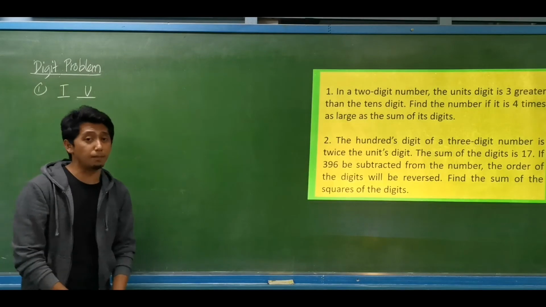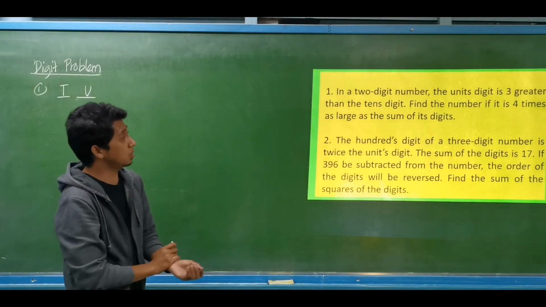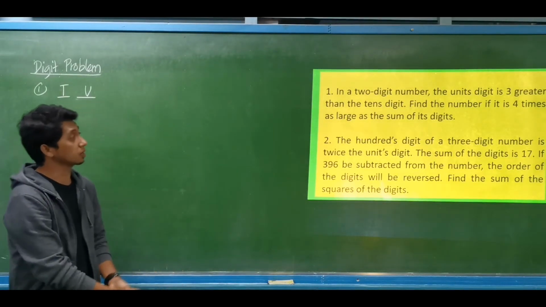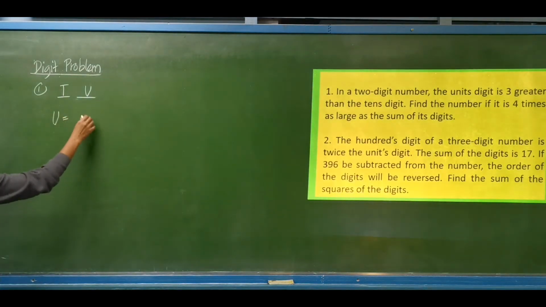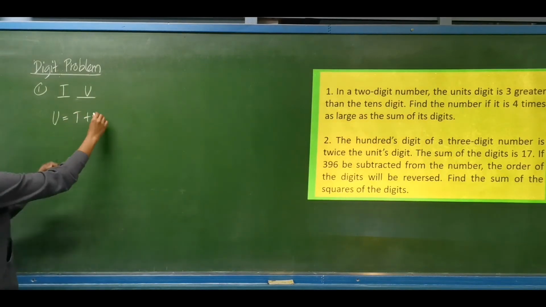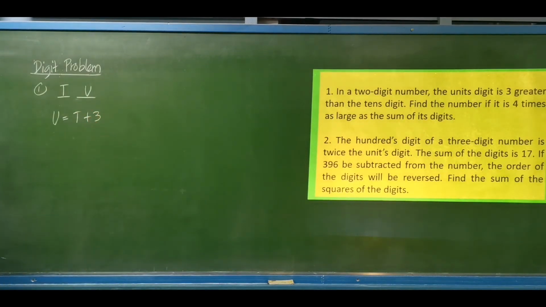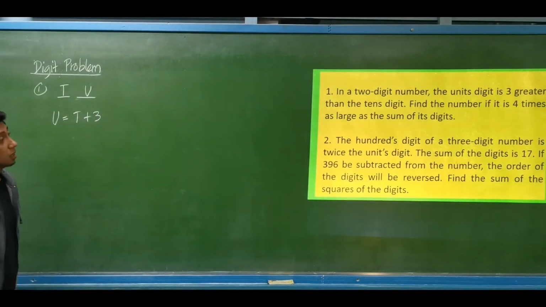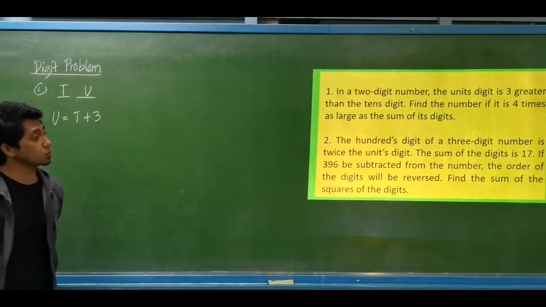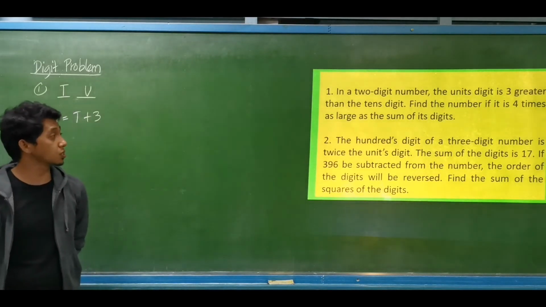According to the problem, the units digit is 3 greater than the tens digit. So we have the units digit, that is the tens digit, 3 greater, that is the same as plus 3. So again, be familiar with the terms used.